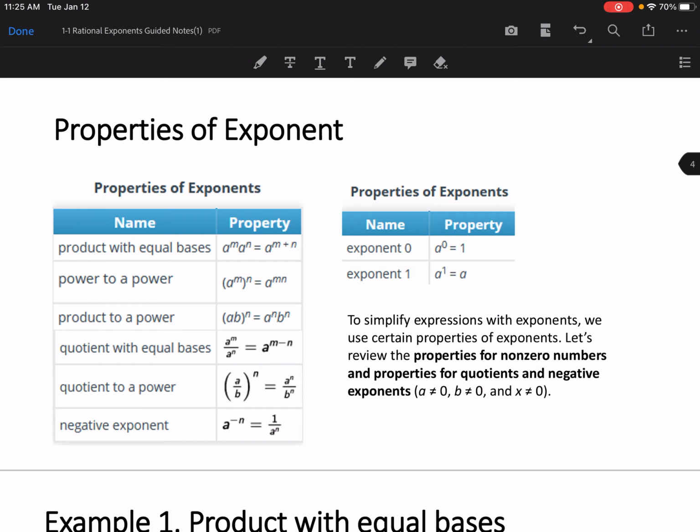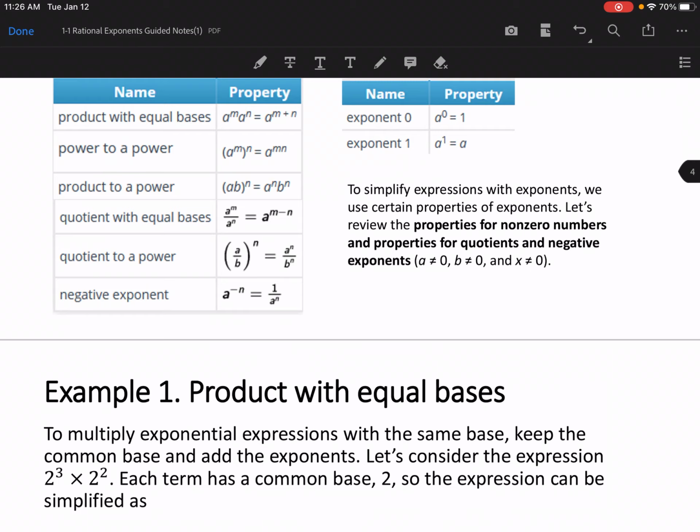And then if you have an exponent of 0, like a to the 0 or 10 to the 0, then it's equal to 1. And if you have an exponent of 1, anything raised to the first power is itself. That's why if we have 2 to the first power, we just write 2. We don't write the first power, because anything raised to the first power is that number or that variable itself.